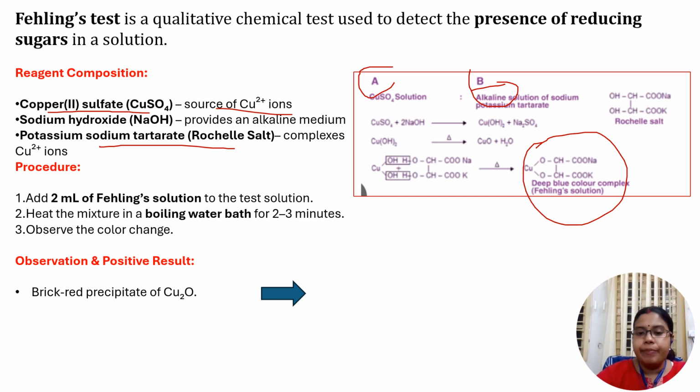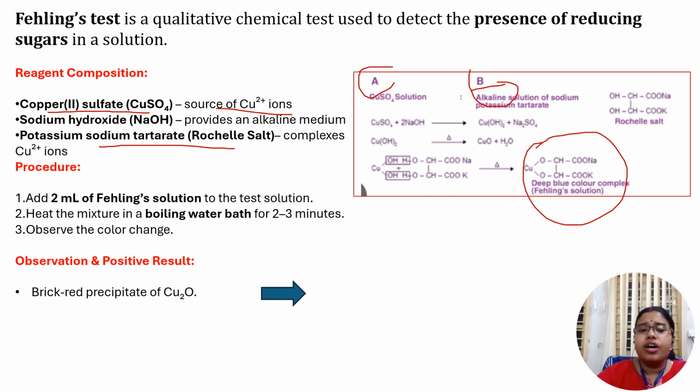So every time at the time of experiment, we have to prepare the Fehling's solution freshly. Fehling's A and Fehling's B are available in the market, but we have to mix them to prepare the final Fehling's solution. So add 2 ml of the Fehling's solution to the test solution.